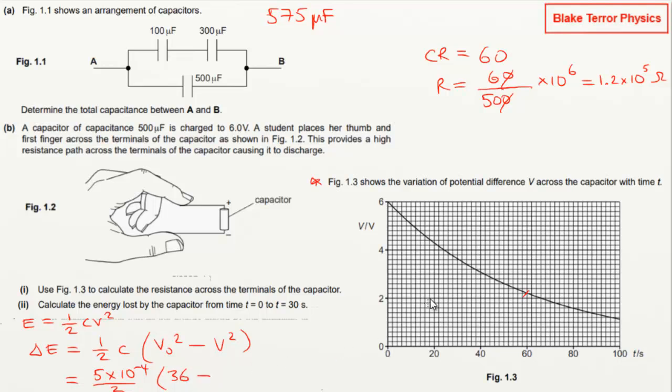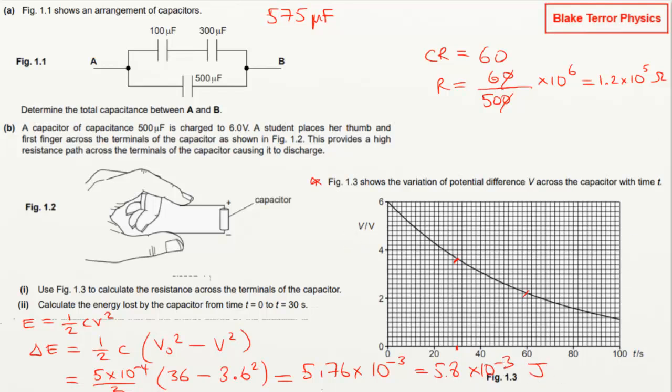Take away, where are we after 30 seconds? We are at 3.6 squared. So again, I'll just go to the calculator on this one. This is 5.76 times 10 to the minus 3, which is equal to 5.8 times 10 to the minus 3 joules.